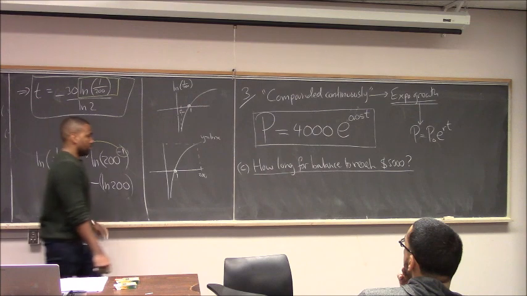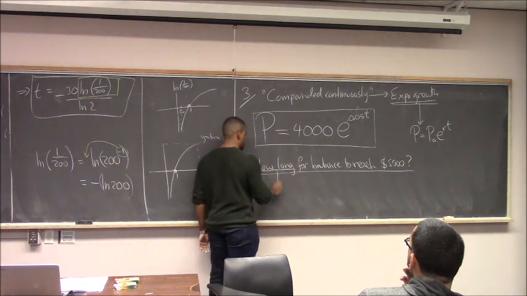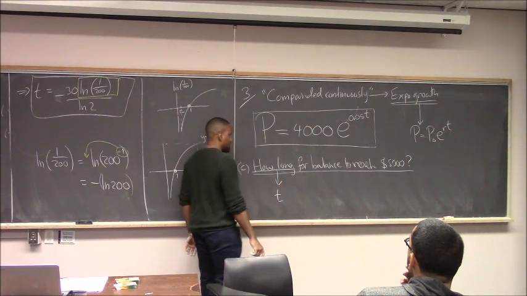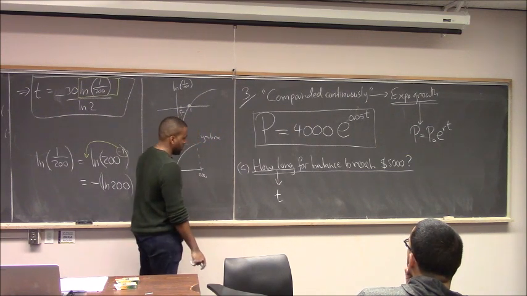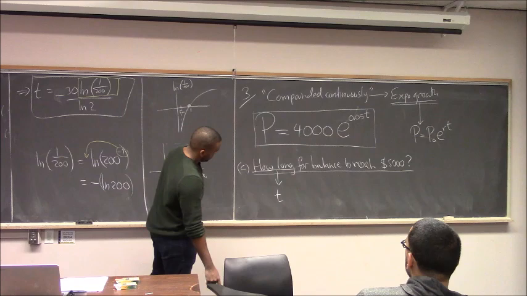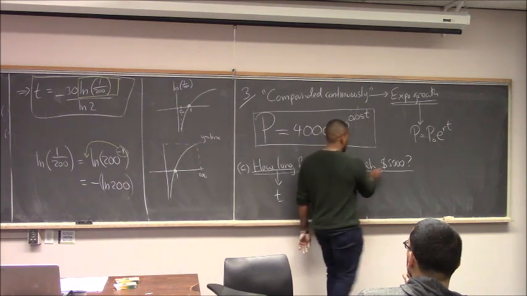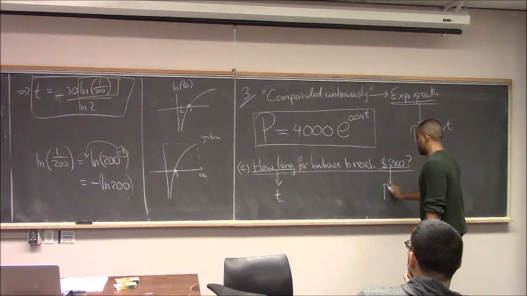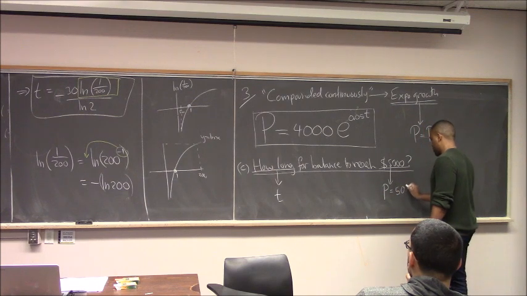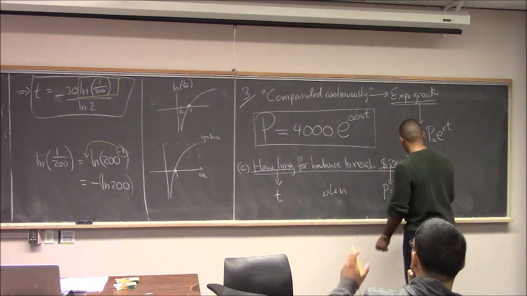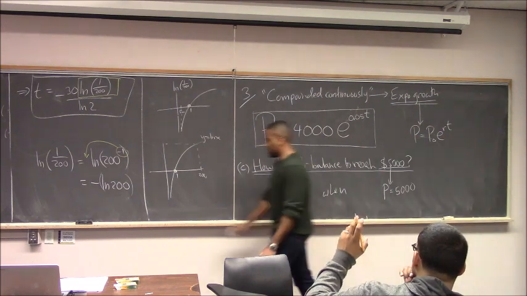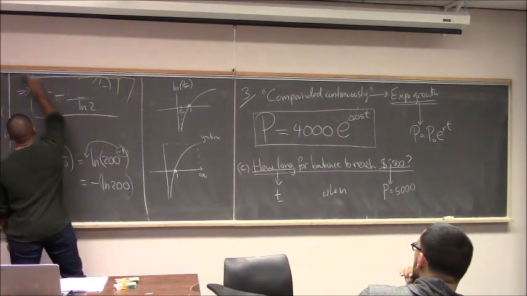Time. It says how long? It's asking for time, which is T. And what's the situation? We want to find T. So the balance equals 5,000, so P is 5,000. This means we want P equals 5,000. So we want T when P equals 5,000. And so we can finish that up over here.